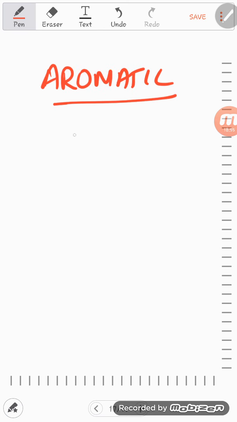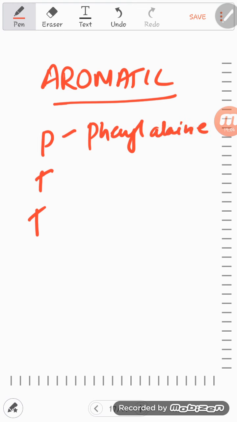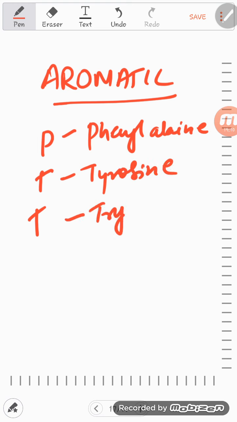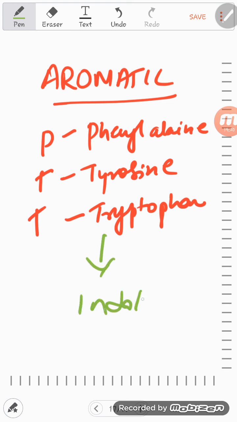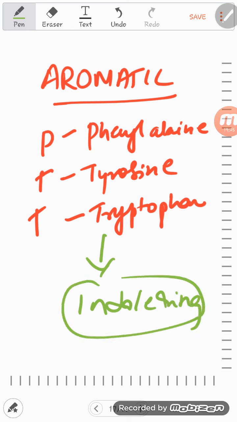The code for aromatic is PTT. P stands for phenylalanine, tyrosine, tryptophan. So tryptophan, you have an indole ring in it. So that's one of the most commonly asked questions.